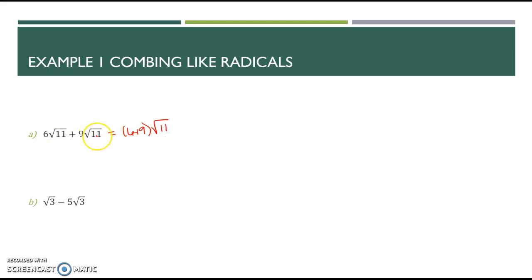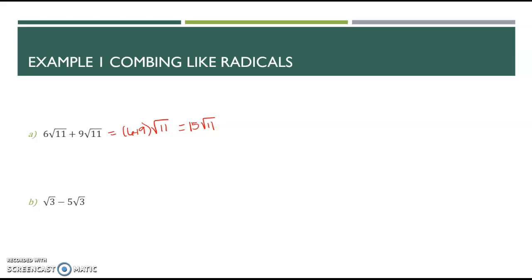The radical does not change. I'm not adding the 11s together. I'm adding the fact that I have 6 of the square root 11s and 9 of the square root 11s. So together, that makes 15 square root 11s.